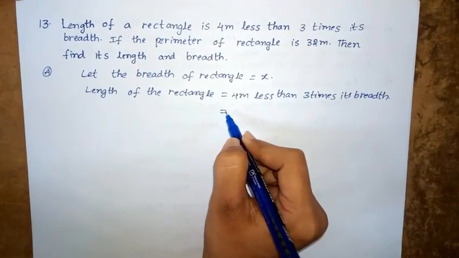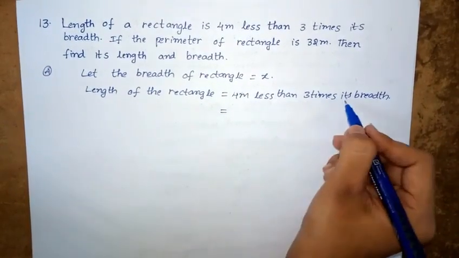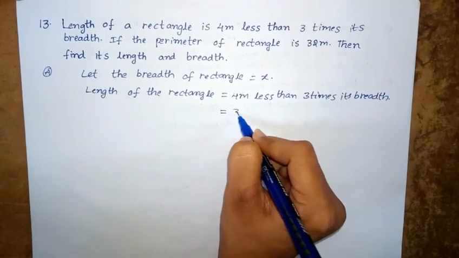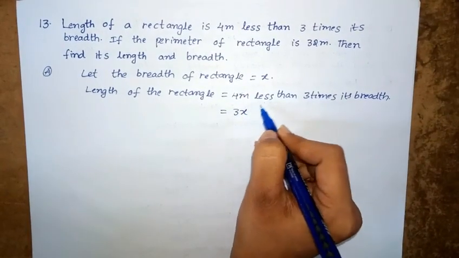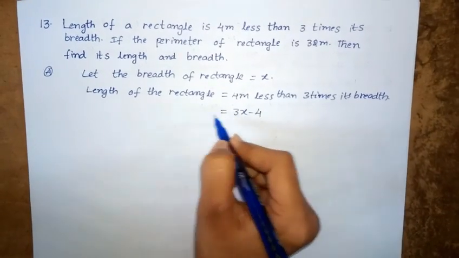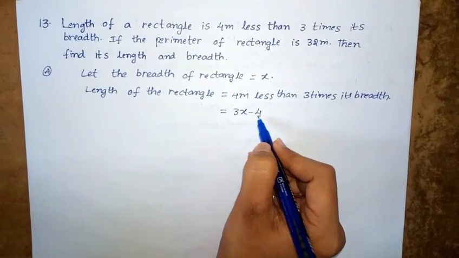So that is equal to 3 times the breadth, which is 3x. And 4 meters less means minus 4. So length is equal to 3x minus 4.